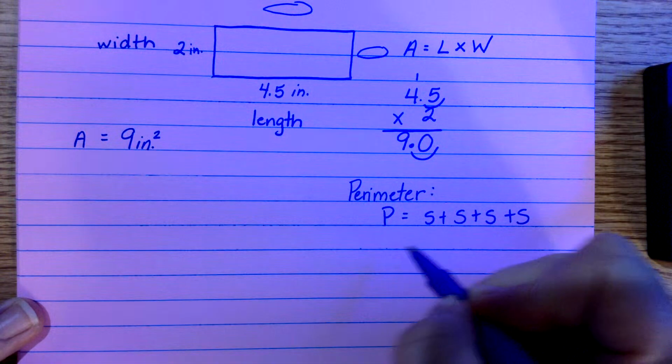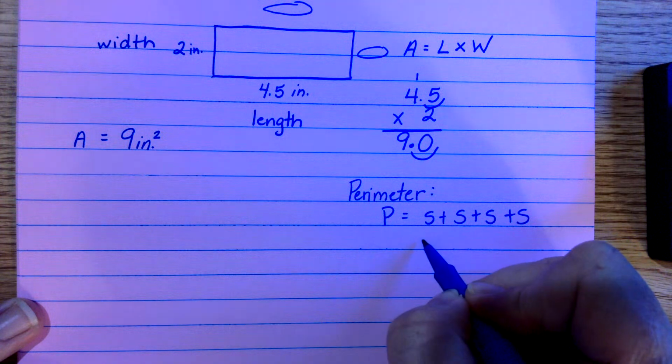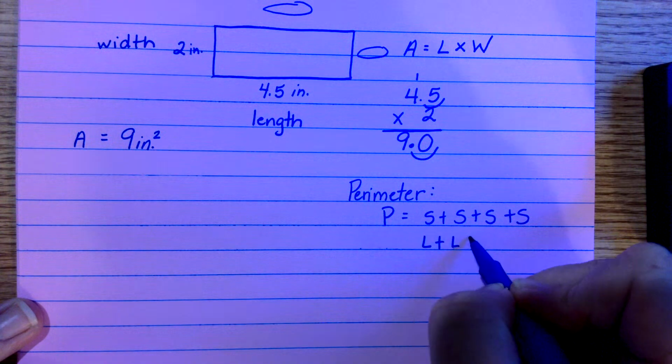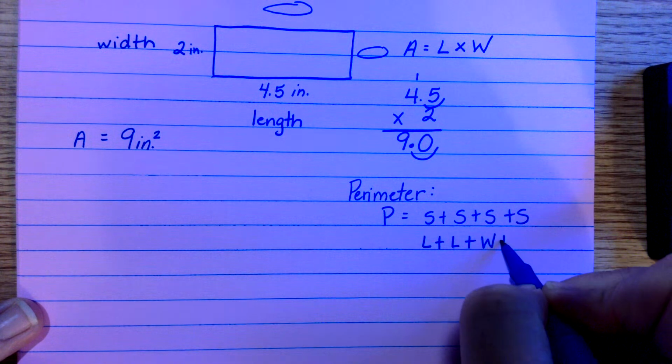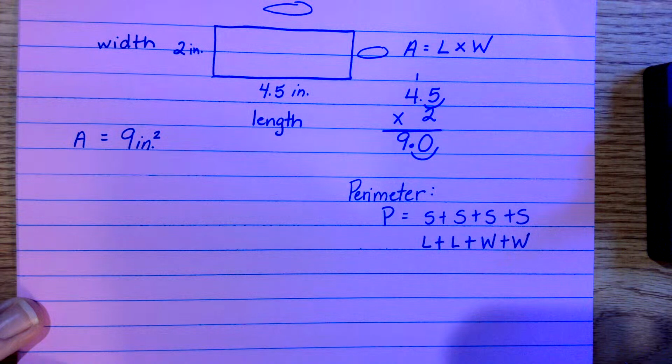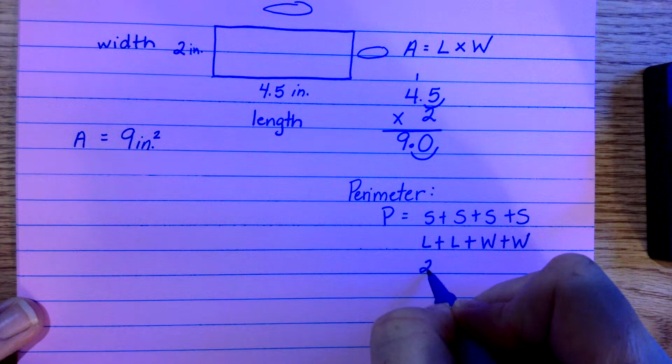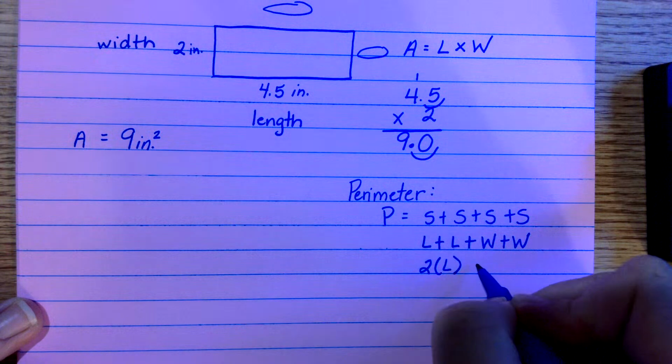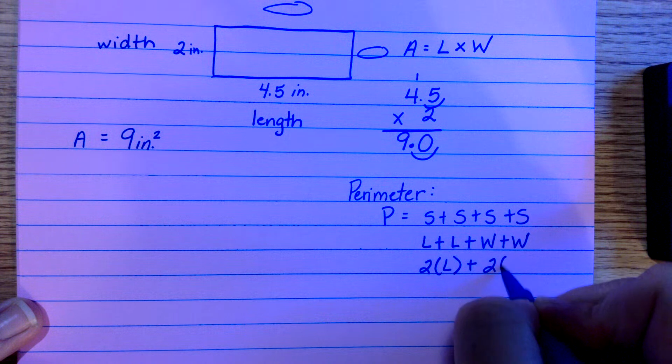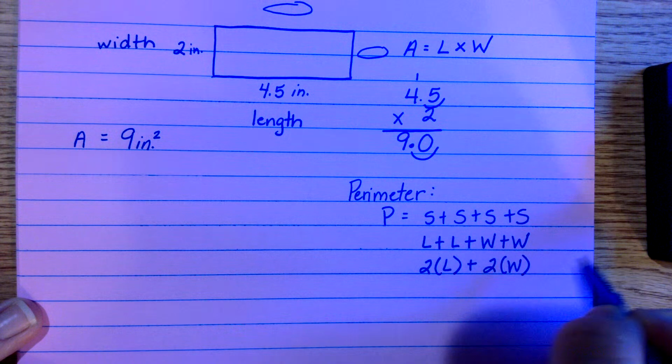It could be length plus width plus length plus width, or it could be 2 times the length plus 2 times the width.